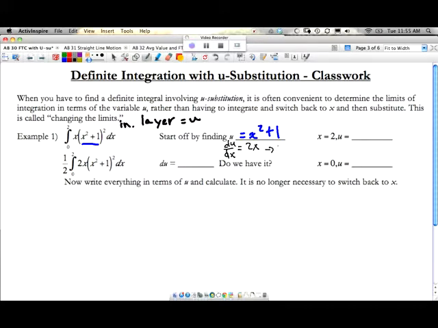Another way of rewriting that is du over 2 equals x dx. So if we can find an x and a dx, these two terms here, then we can take those out and replace them with the du over 2. And we're going to replace this x squared plus 1 with a u.